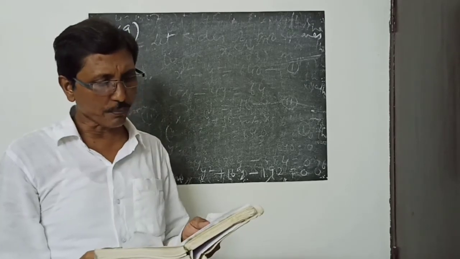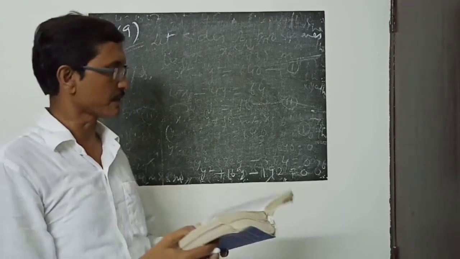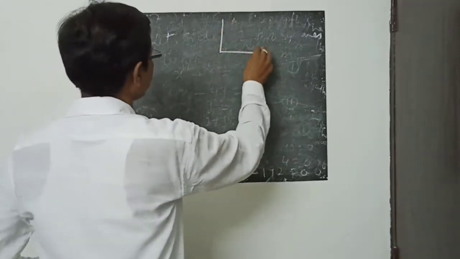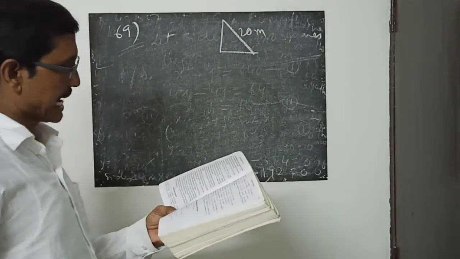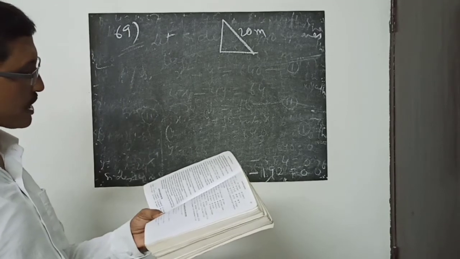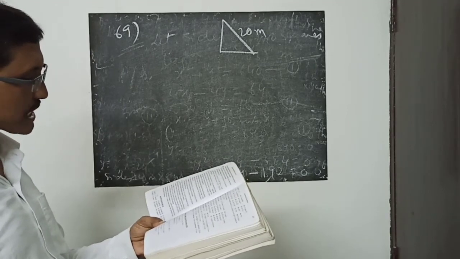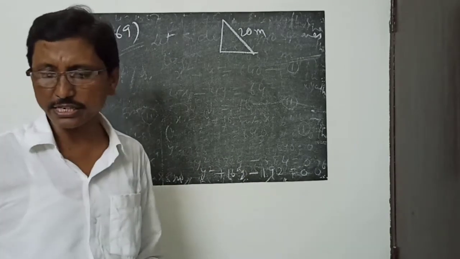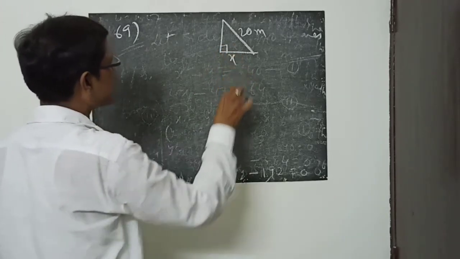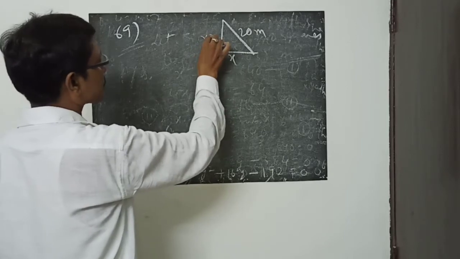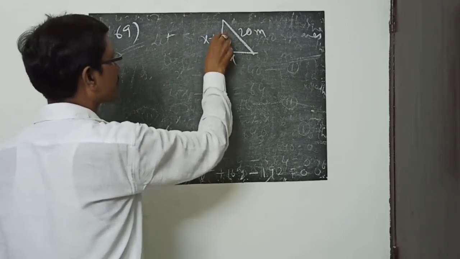Check what the question is saying. The hypotenuse of a right triangle is 20 meter. The hypotenuse is given as 20 meter. And the difference between the lengths of the other two sides is 4 meters. Find the other sides. Suppose we take one side as x, then the other can be written x minus 4 or x plus 4, anything you can write.